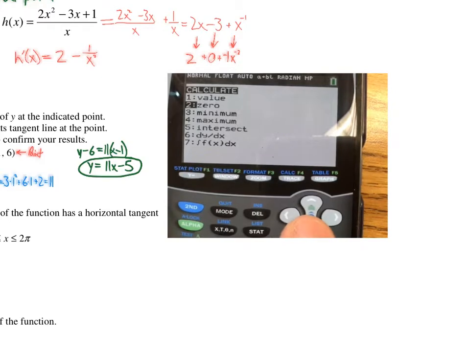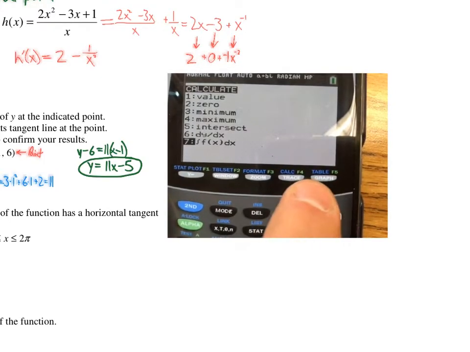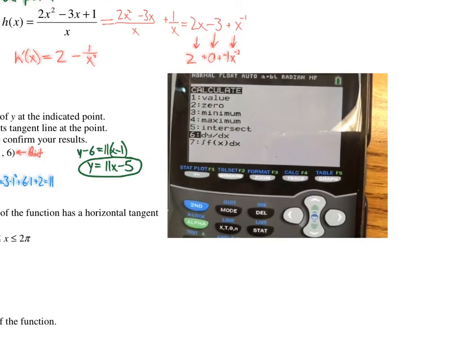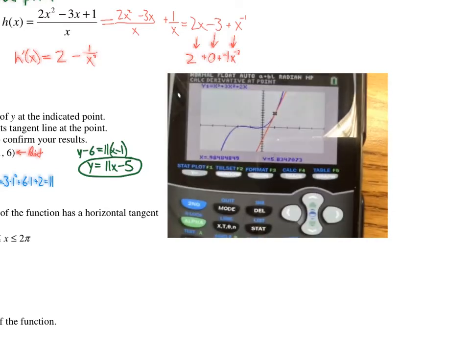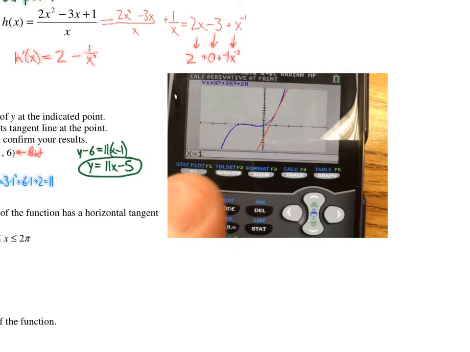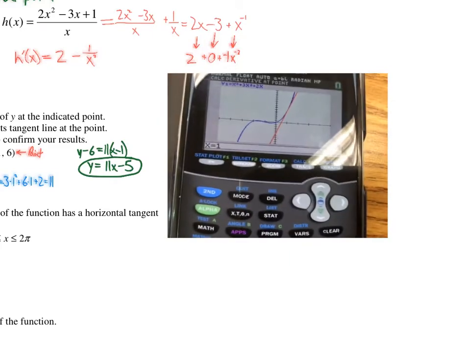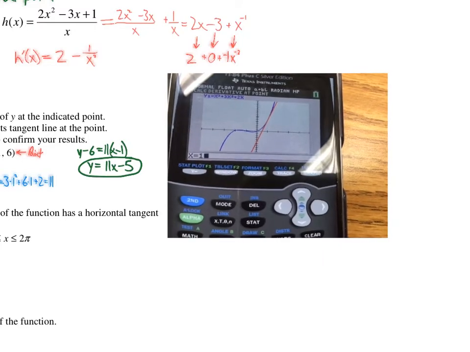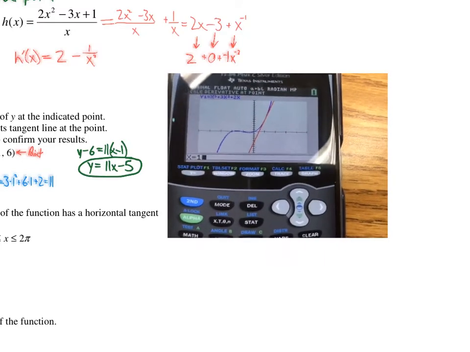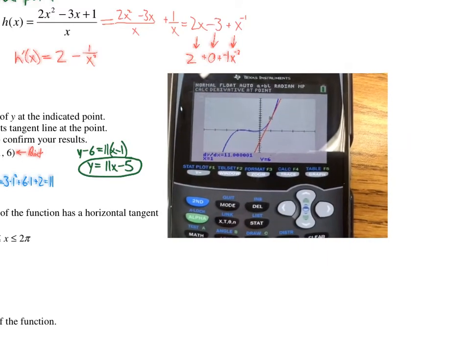So we're going to use the derivative, and the way this works is I'm going to punch in an x value, just like trace when you wanted to find a point. Once you hit calculate derivative, you punch in an x value and hit enter, and this is really cool.